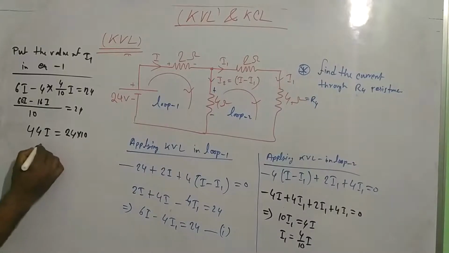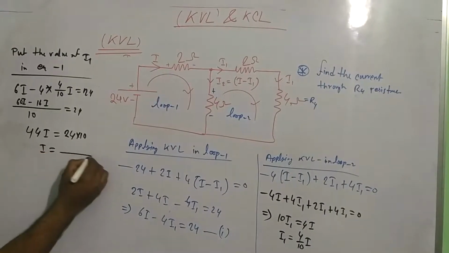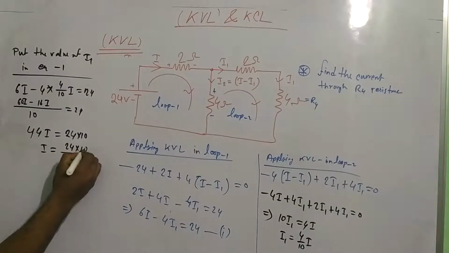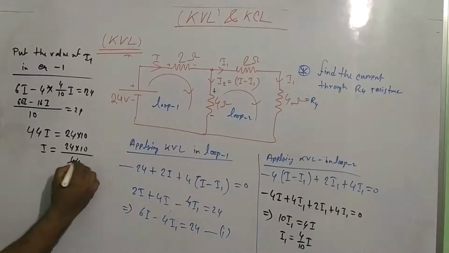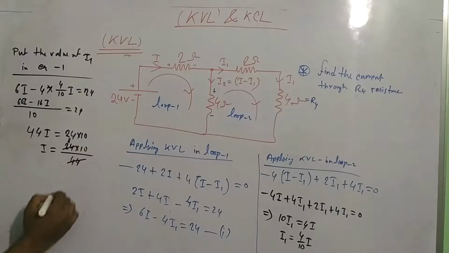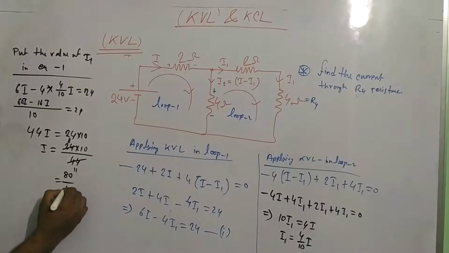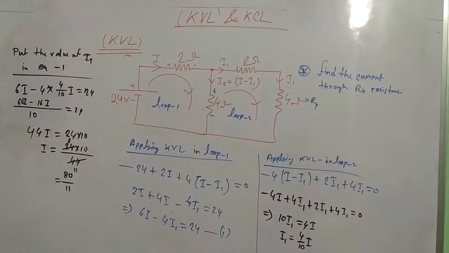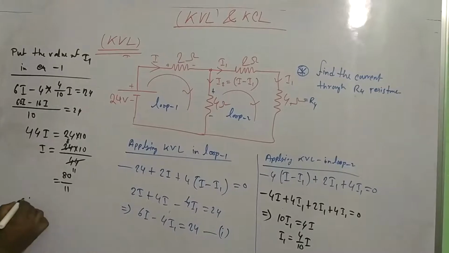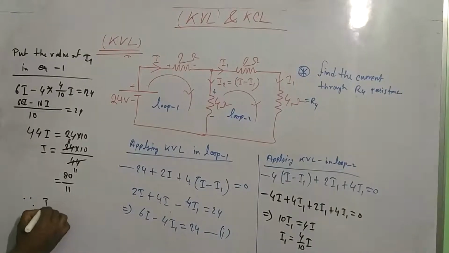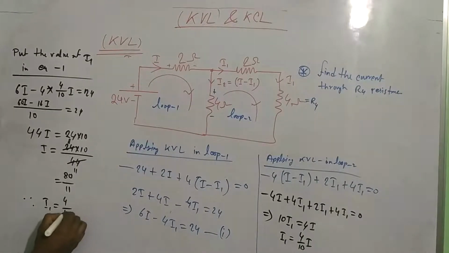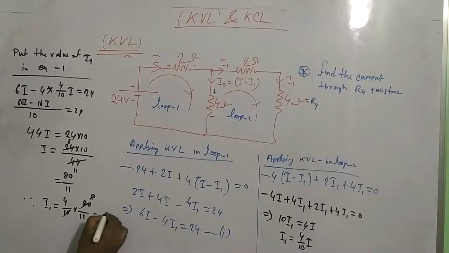Now I equals 24 into 10 by 44, which means 80 by 11. This is the value of I. So what is the value of I1? That means I1 equals 4 by 10 into 80 by 11.